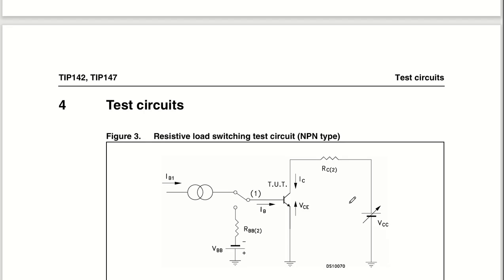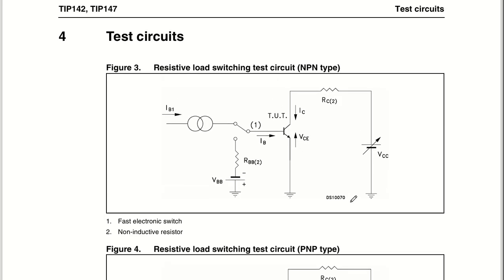Moving on to the next one, the test circuit. Suppose we want to test this particular device, then we can have this as my collector, this as my base, and this as my meter, and we can put one switch. There is an IB current which is going to excite this transistor.